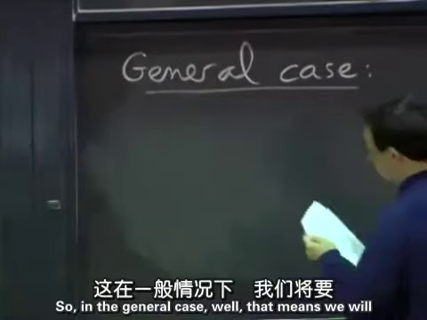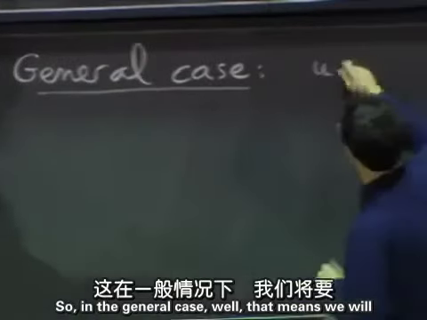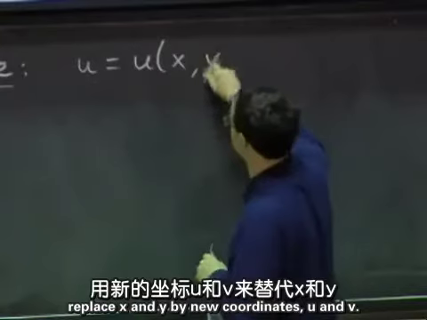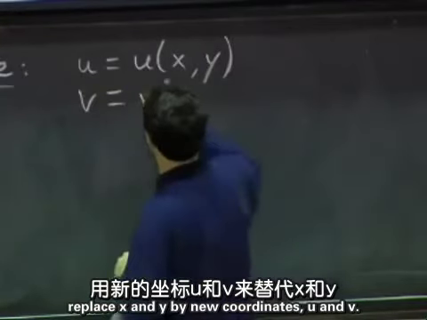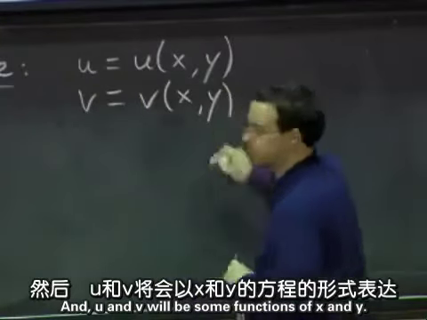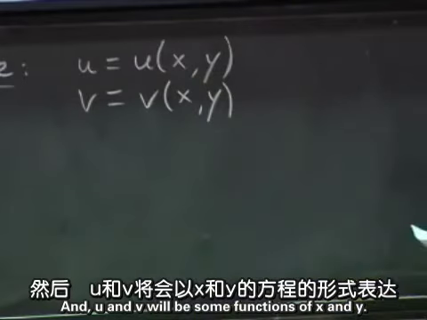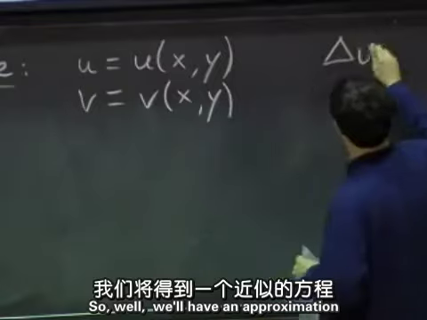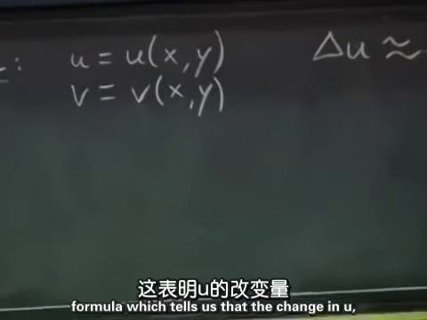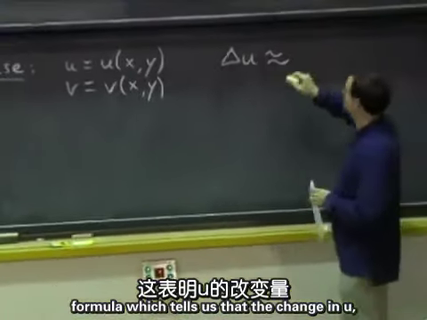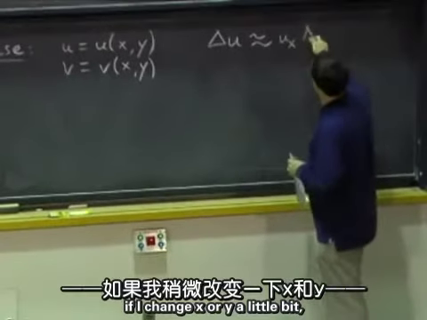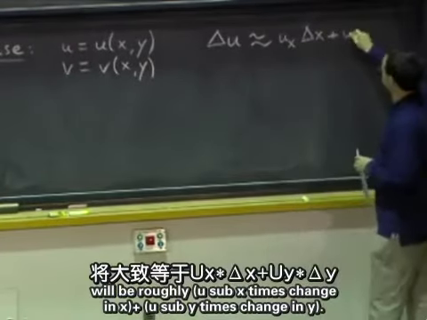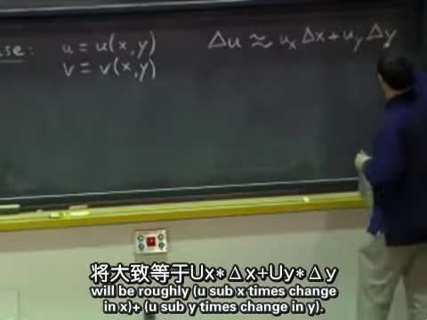So in the general case, we'll replace x and y by new coordinates u and v, and u and v will be some functions of x and y. So we'll have an approximation formula which tells us that the change in u, if I change x or y a little bit, will be roughly u sub x times change in x plus u sub y times change in y.